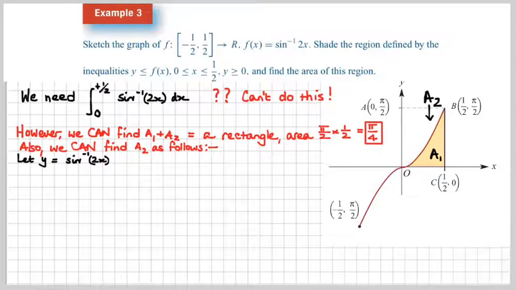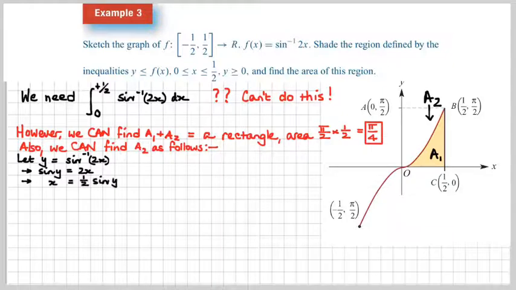Now, I'm going to make x the subject. You watch this. Therefore, sine y, if you imagine taking the sine of both sides, you could say that sine of y would be 2x. Yes, because y is the angle whose sine is 2x. So therefore, sine of that angle equals 2x, if you get my meaning.